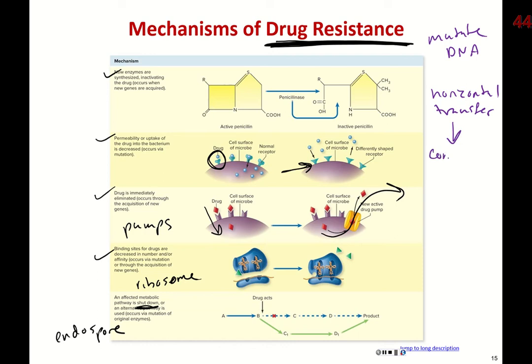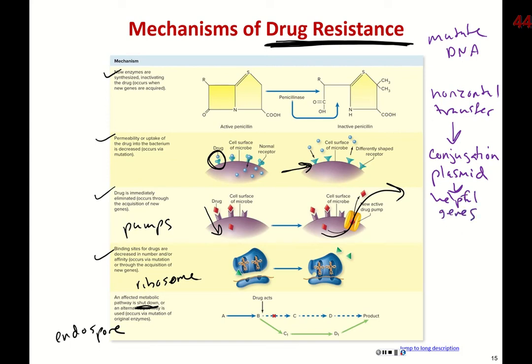That was things like conjugation, which is kind of like bacteria sex, but not really, where they use that sex pilus to pull each other together, and then one of them will transmit the plasmid over to the other one, and the plasmid might have helpful genes on it, and the helpful genes could be antibiotic resistance genes.